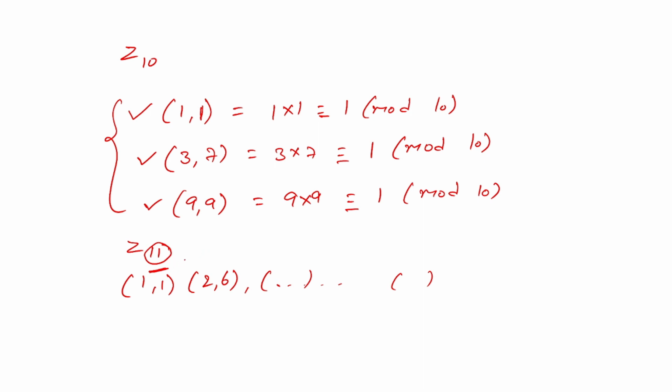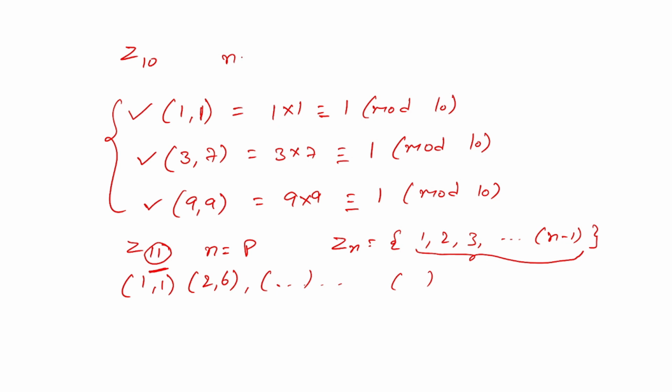If the n value is prime, then what are the values in the set, 0, 1, 2, 3 and so on, n minus 1? Except 0, all the values contain multiplicative inverses.